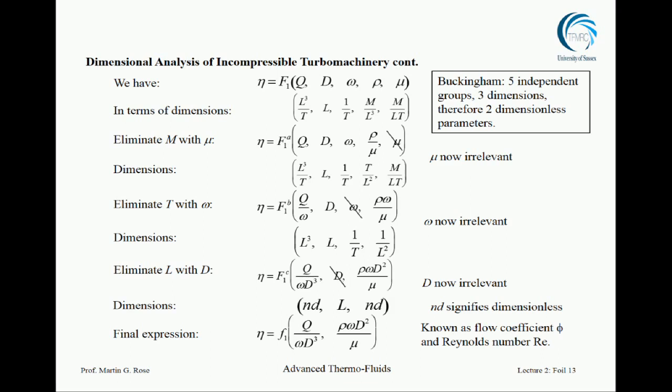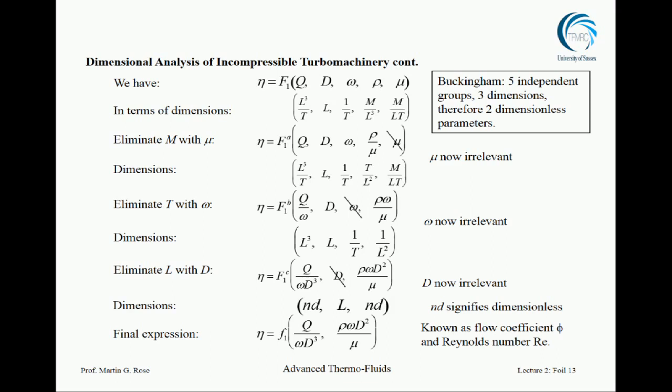So I get rho over mu. If we now write down the expression again with the rho over mu in it, I've changed the variable from being density to being the ratio of density to viscosity, is what I've done. If you write down the dimensions of the new equation, you now find that only the viscosity on the right has in it the dimensions of mass now.